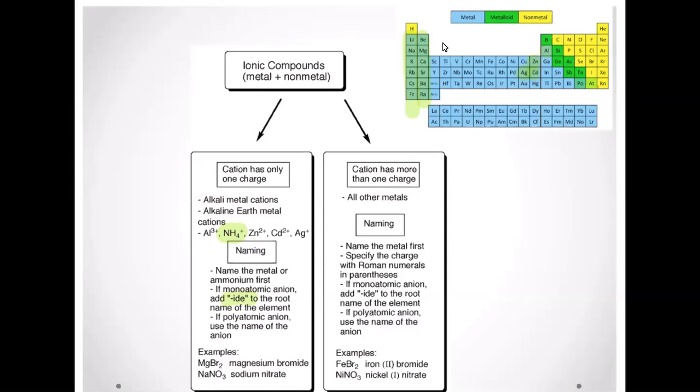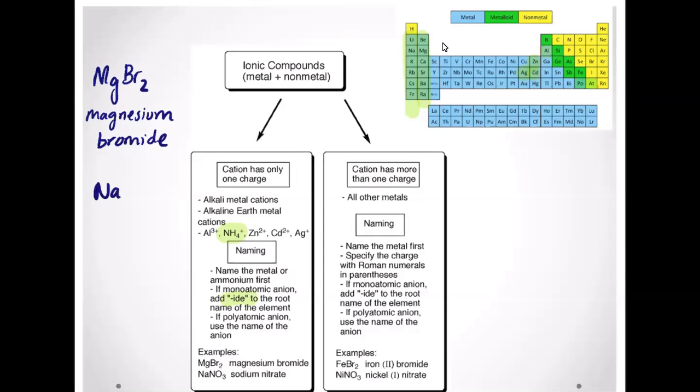Here are some examples. Let's write them a little bigger. If we had MgBr2, you would name your cation, which is magnesium. Then it's a monatomic anion, so you would write bromide.